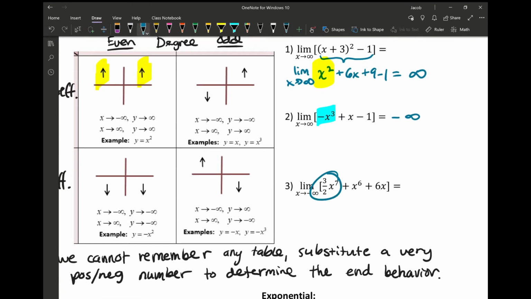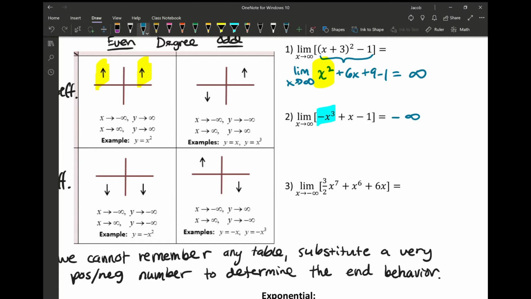Here my leading term, by the way, you know that 3/2 x to the 7th is the leading term because it has the highest degree, the degree being 7. And this is an odd degree polynomial, and we are going towards negative infinity.